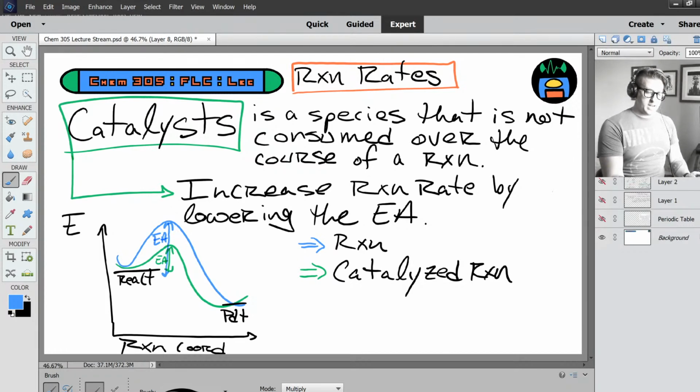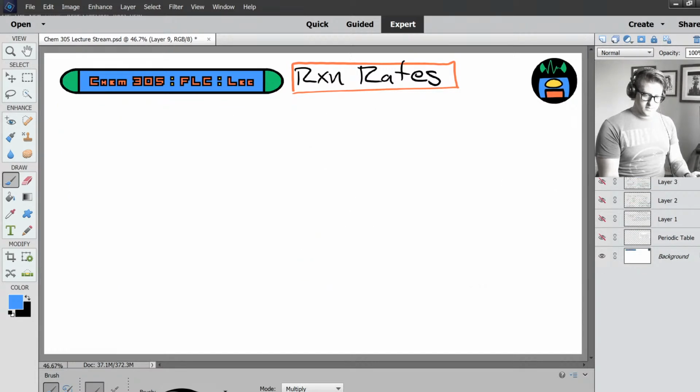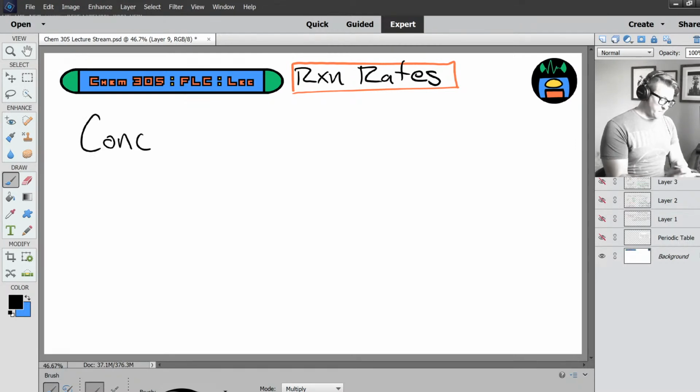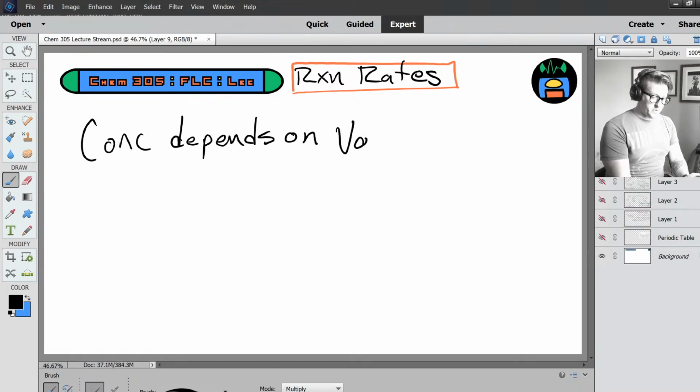And the reason why, and we've actually, believe it or not, low-key already talked about it, because concentration depends on volume. Right, so the most common concentration unit is molarity, right?